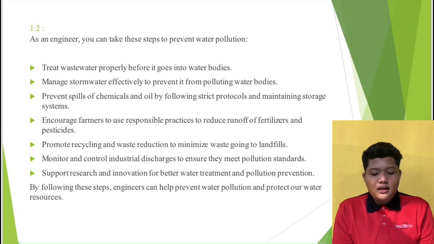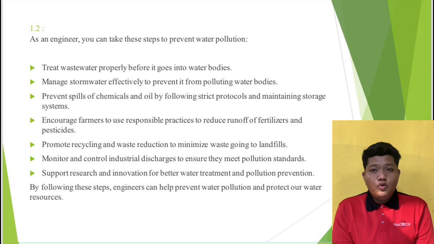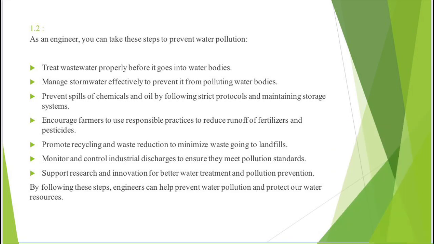Next, promote recycling and waste reduction to minimize waste going to landfill. Next, monitor and control industrial discharge to ensure they meet pollution standards. And last, support research and innovation for better water treatment and pollution prevention.